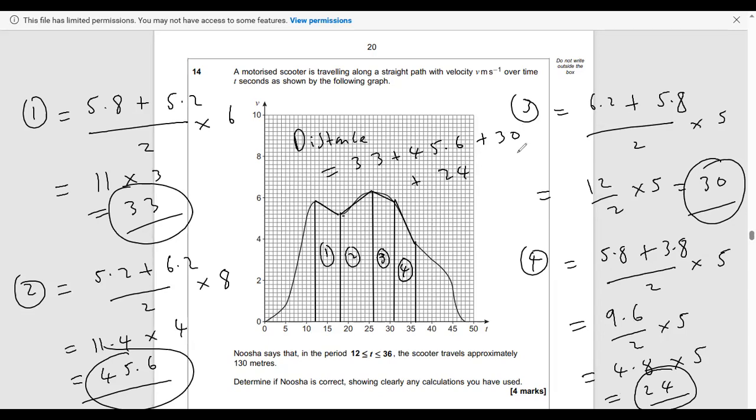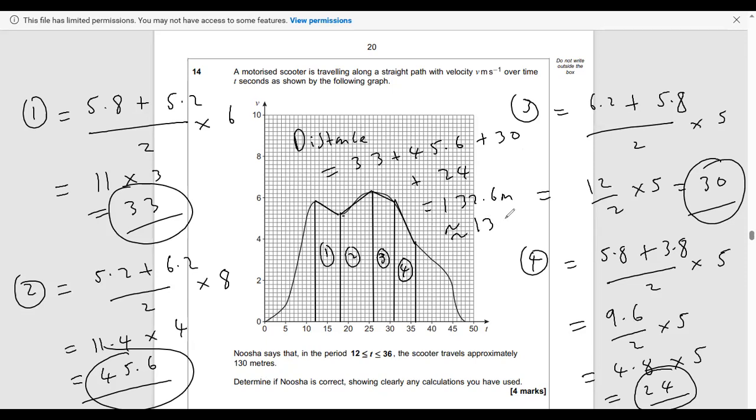I'll just do this on the calculator very quickly. Get the calculator up. Sorry, 1 second. There we go. So we got 33 plus 45.6 plus 30 plus 24. So we're going to get 132.6 meters. And that is approximately, I mean, it's pretty close to 130, isn't it?